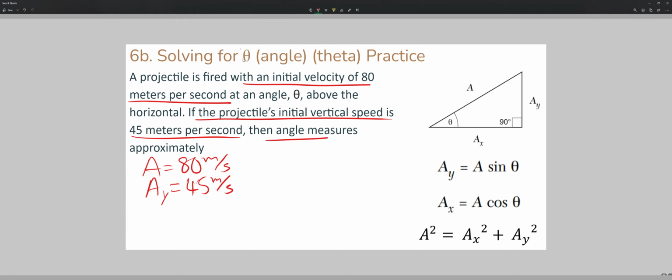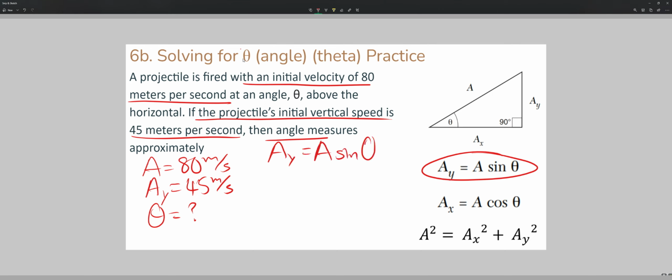Then the angle measures approximately what, right? So here you're looking at A y equals A sine theta. So A y is 45, A is 80, sine theta, so divide this by 80.